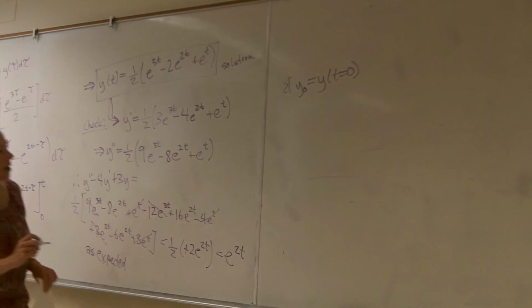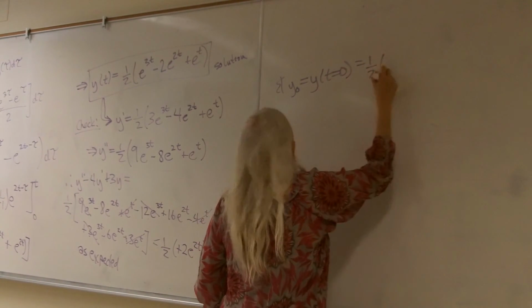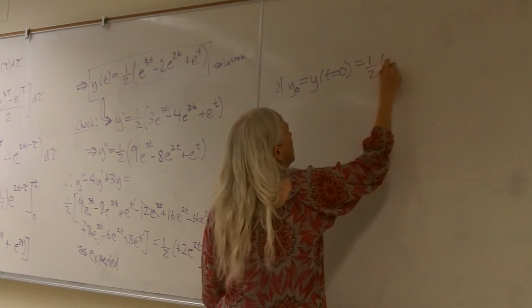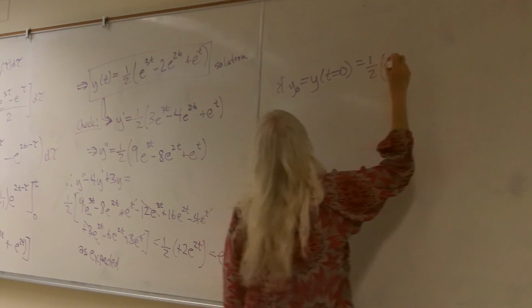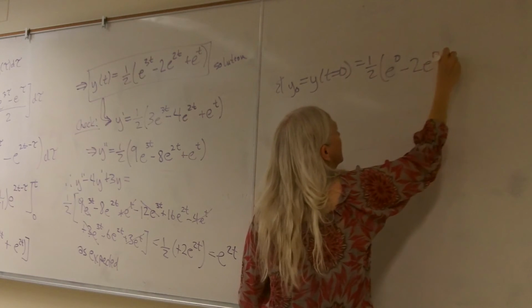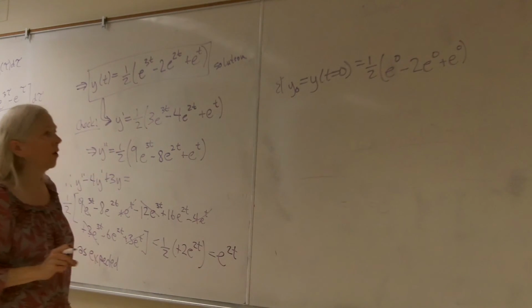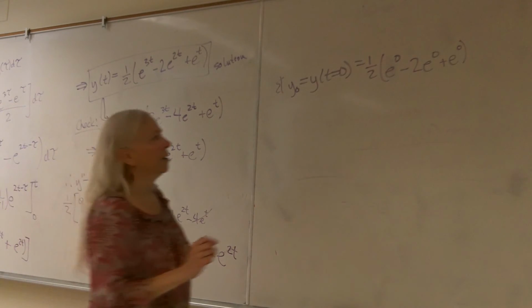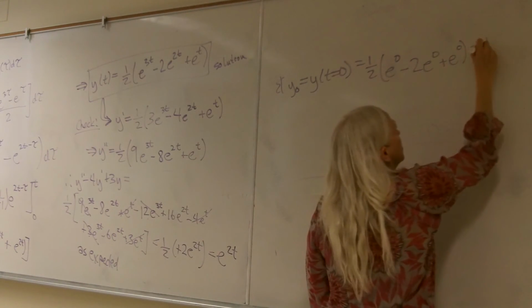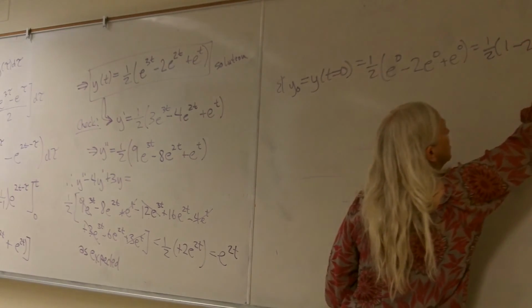Here is our y right here. So this is 1/2 times e to the 0 minus 2e to the 0 plus e to the 0, when we plug in t equals 0. Well, e to the 0 is 1. So this is 1/2 times 1 minus 2 plus 1, which is 0.